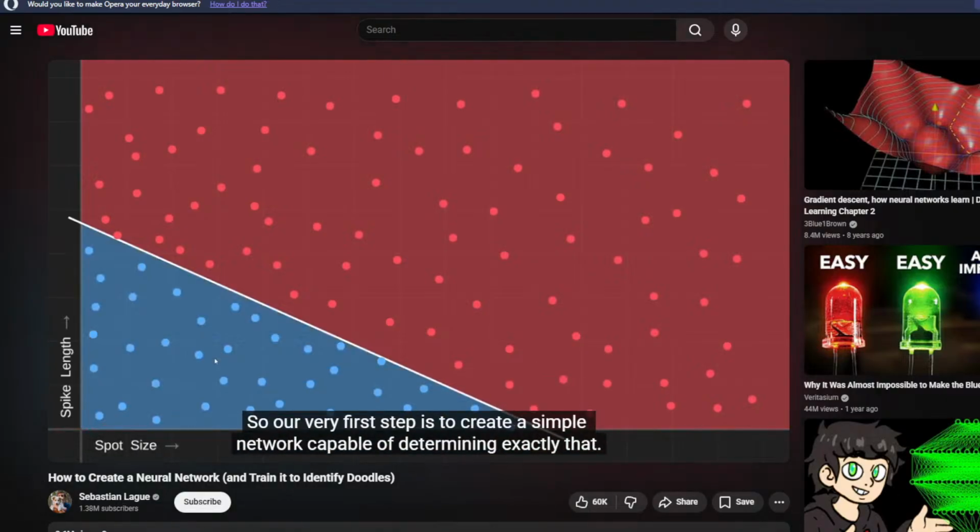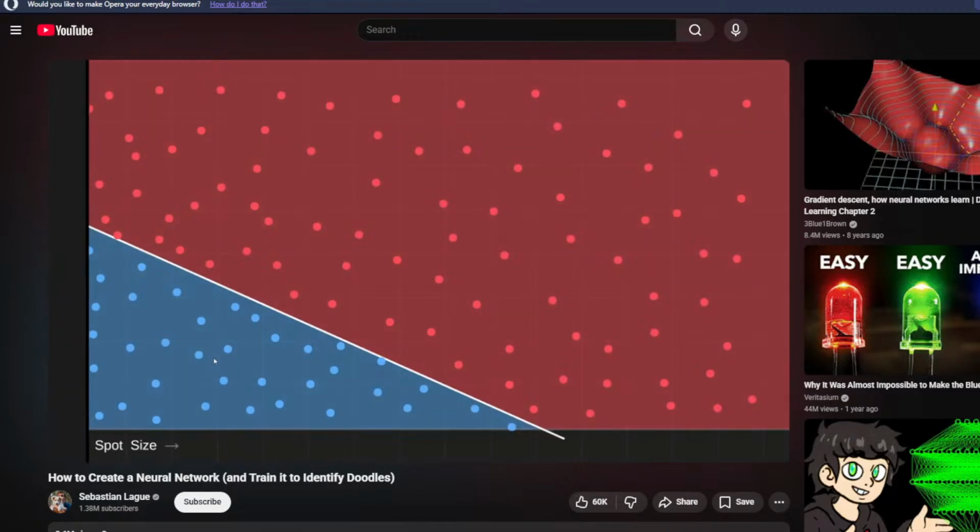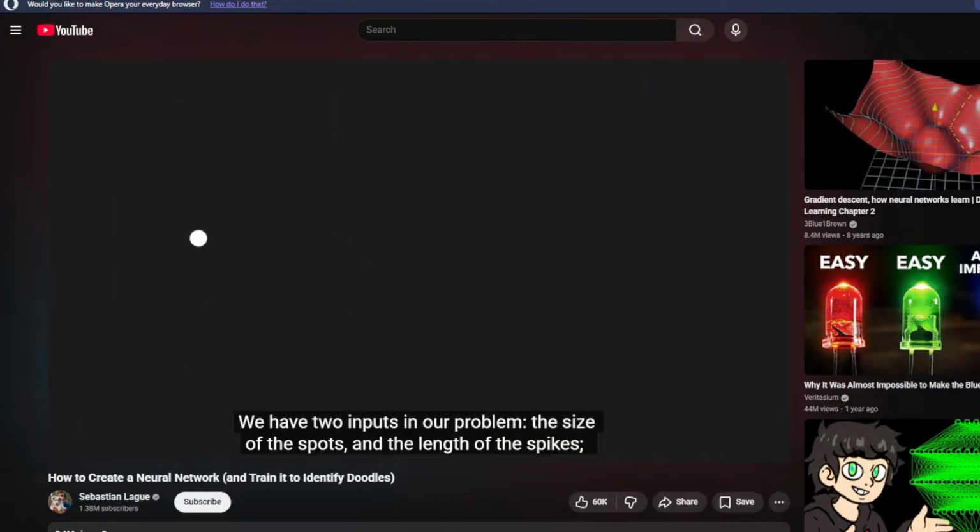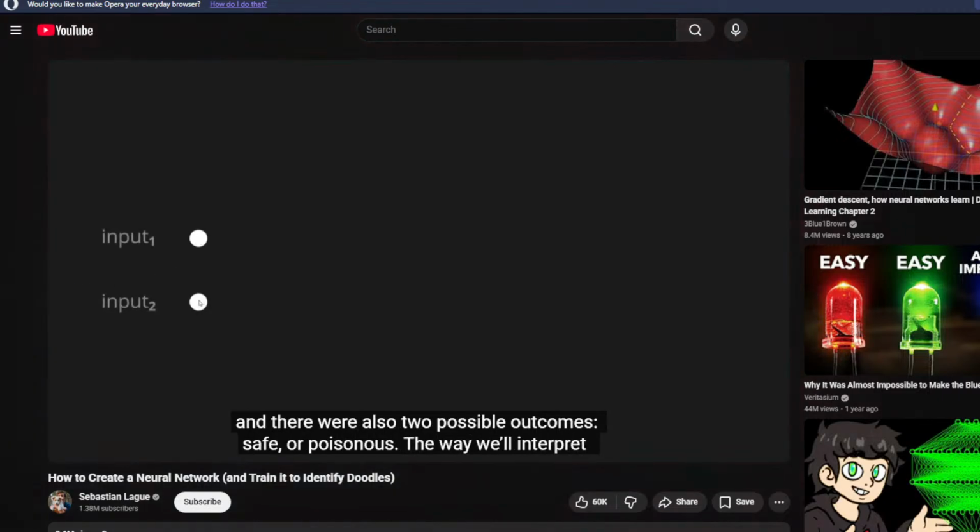So, our very first step is to create a simple network capable of determining exactly that. We have two inputs in our problem, the size of the spots and the length of the spikes, and there are also two possible outcomes, safe or poisonous.